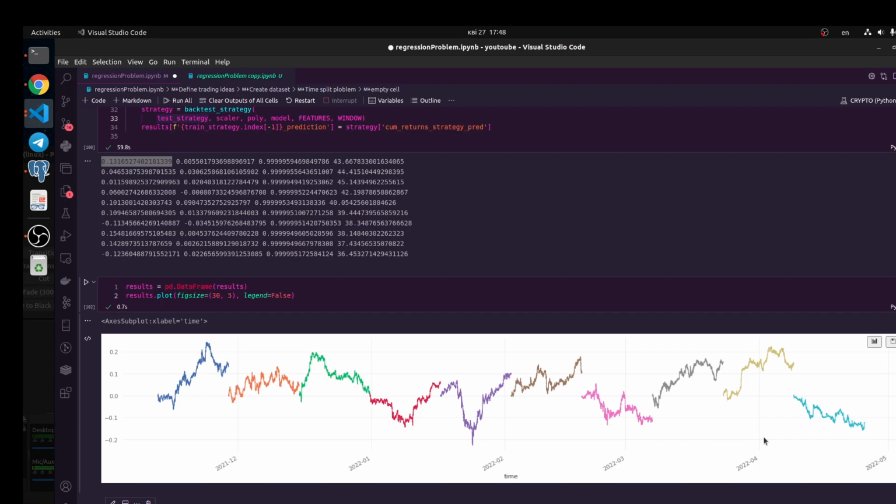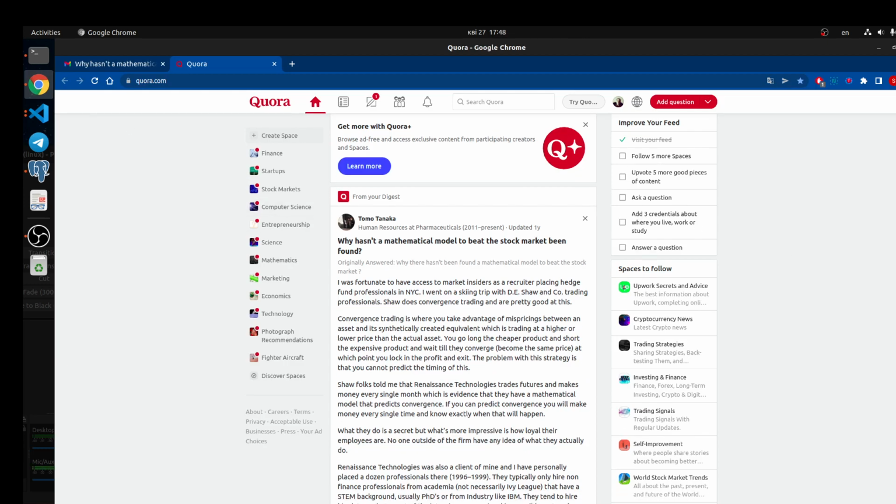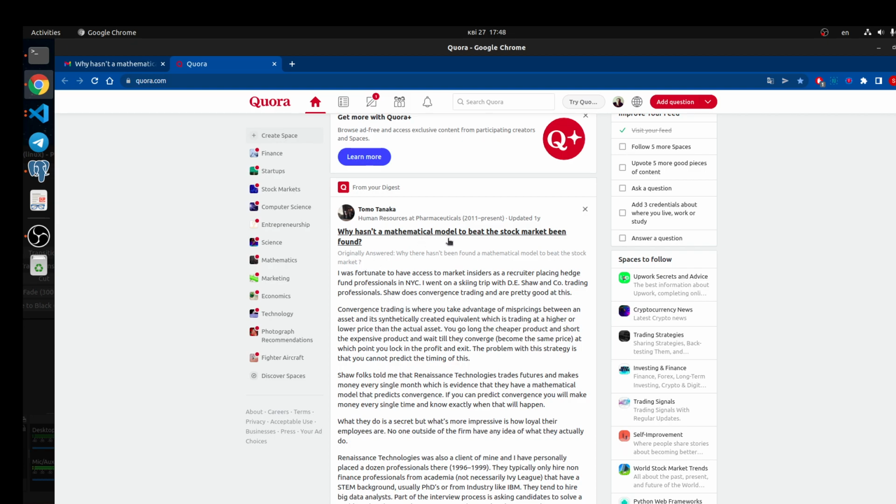When we find some relationship in the market, and if this relationship exists, we should generate profit from it. For example, I got in my mail a very interesting article about why a mathematical model to beat the stock market hasn't been found.